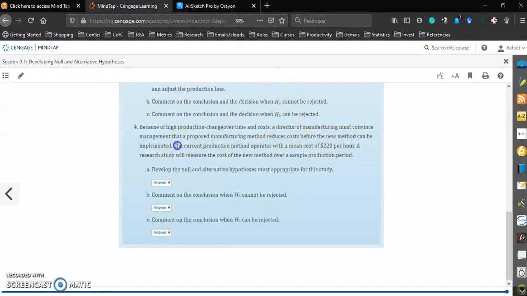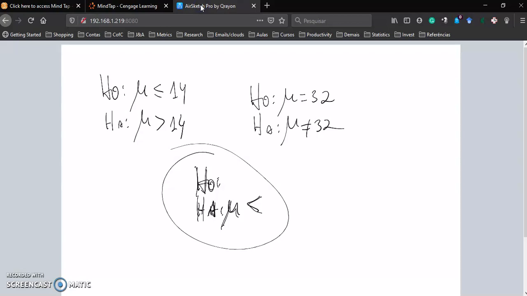Let's take a look. The current production method operates with a mean cost of 220 per hour. A research study will measure the cost of a new method over a sample production period. So I want to prove that the new method costs less. So if I want to prove that it costs less than 220, okay, so it's less.